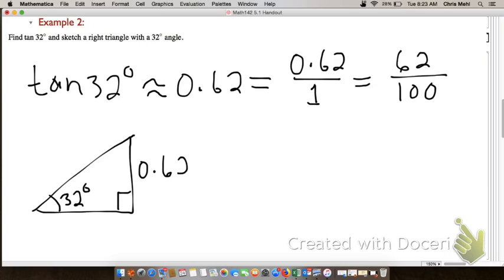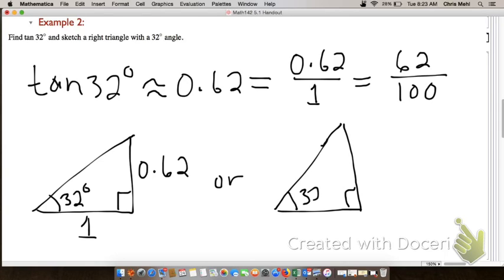One right triangle could have the opposite side as 0.62 and the adjacent side as 1. Or, now that I've also written 0.62 over 1 as 62 over 100, you could also have another triangle with a 32 degree angle where the opposite side is 62 and the adjacent side is 100.